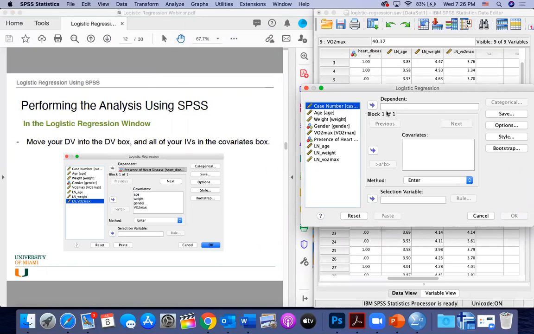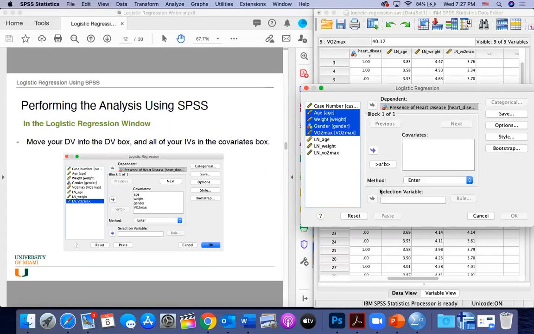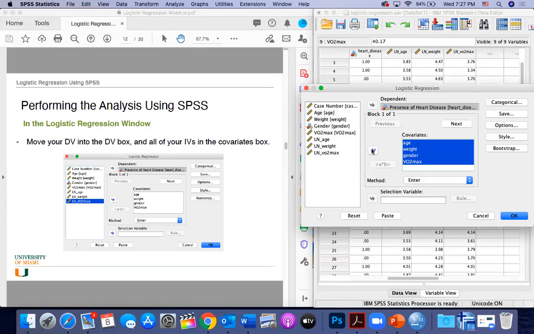As I said, we will run a fake analysis at the beginning just to check this assumption before going forward and doing the real analysis. So let's add our dependent variable in the dependent box and all other independent variables in the covariates box.